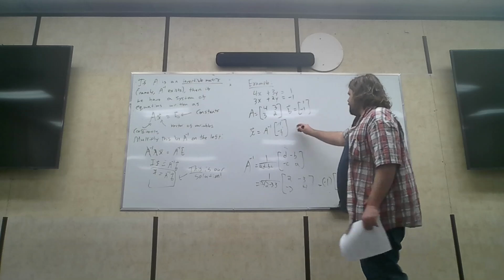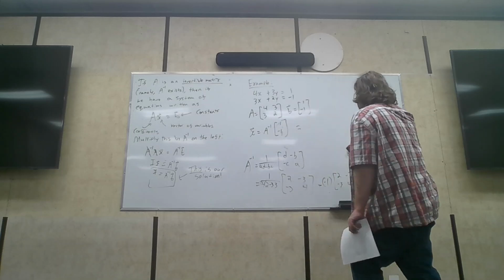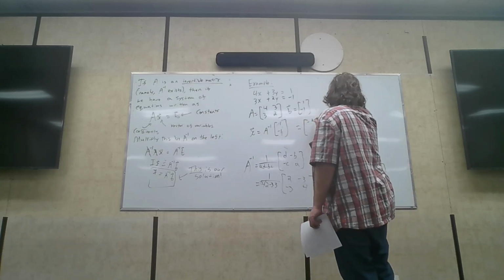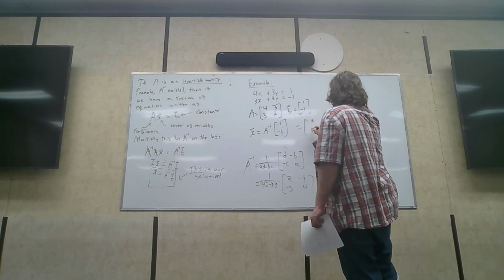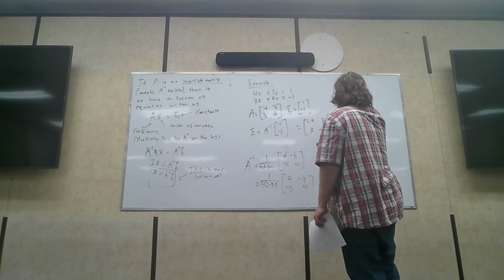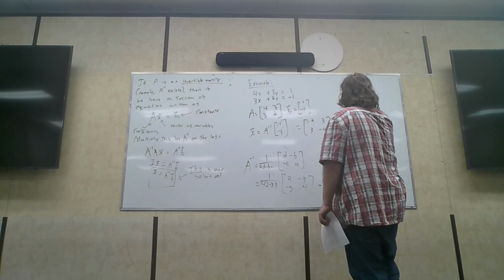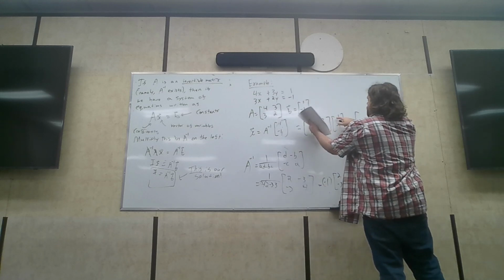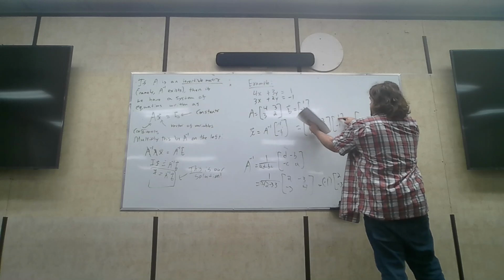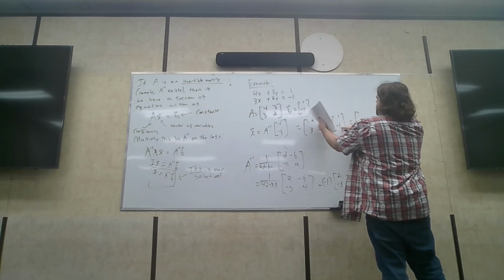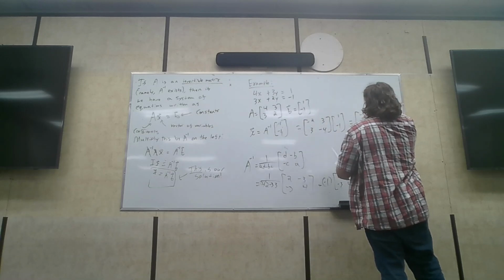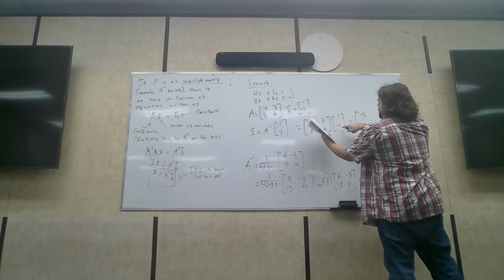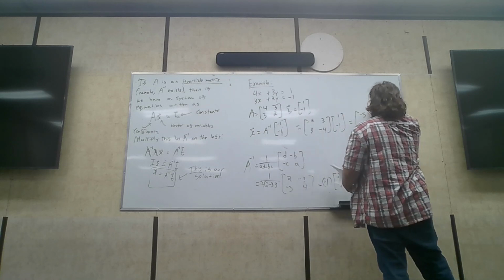But now we know what this thing is, that's what we just found. So minus 2, 3, 3, minus 4, times 1, minus 1. We just go ahead and do this multiplication. Minus 2 times 1 is minus 2. 3 times minus 1 is minus 3, so minus 5. 3 plus 4 is 7.